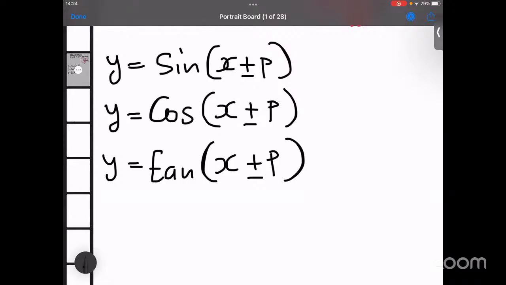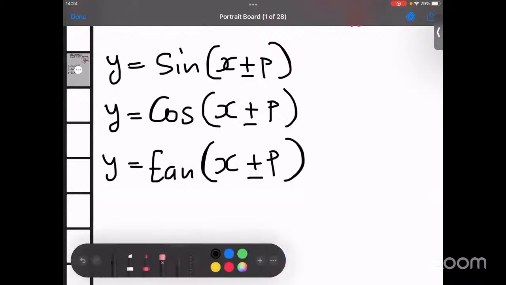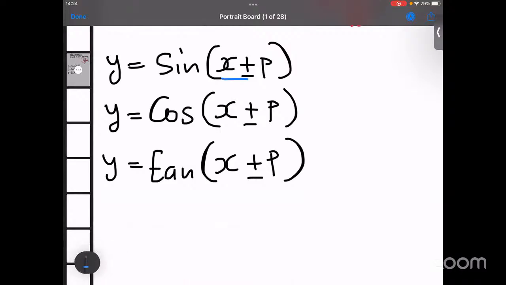The plus or a minus is the one that will help us calculate the value of the shift and also the direction of the shift. How you calculate the value and the direction: you take the whole of that bracket, equate it to 0, and then solve for x.